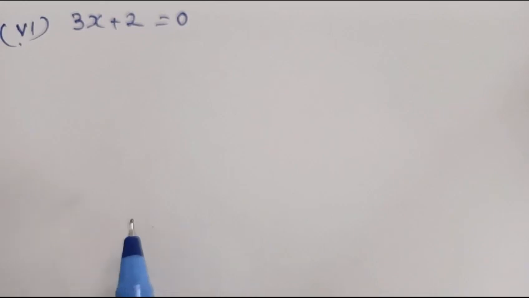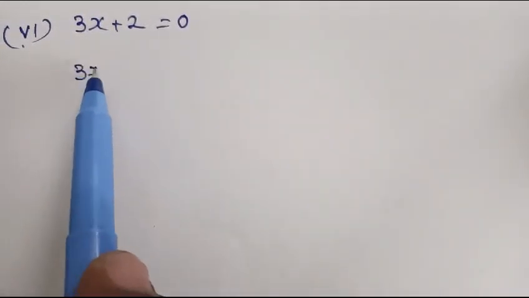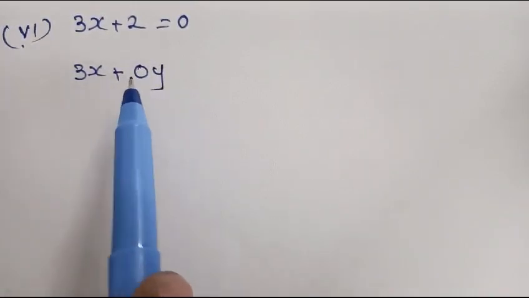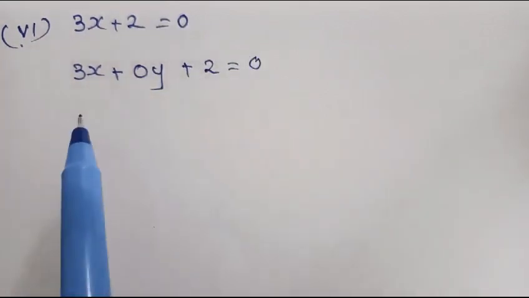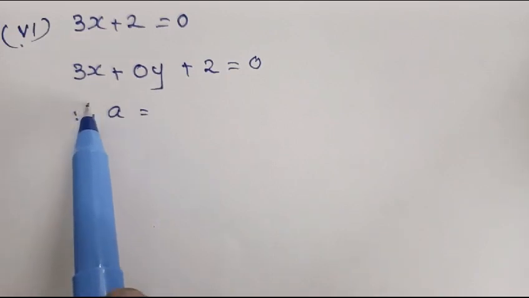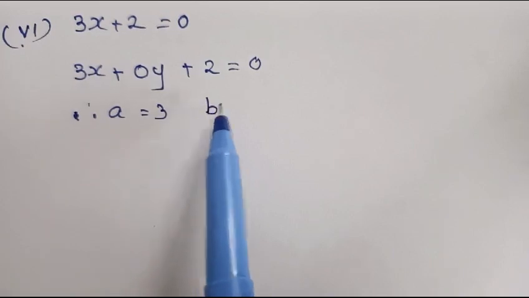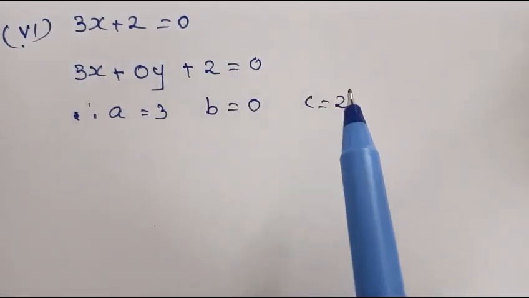Sixth question, 3x plus 2 equal to 0. The x term is there, 3x. The y term is not there, therefore we can write plus 0y. The constant term is plus 2, equal to 0. Therefore a equal to 3, b equal to 0 and c equal to 2.